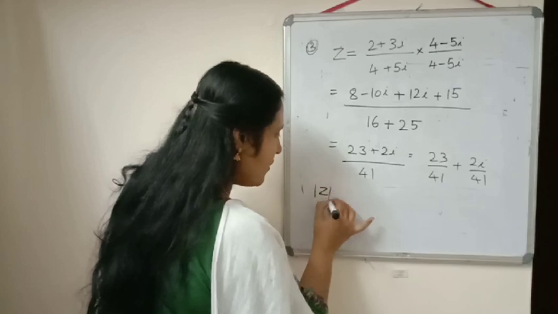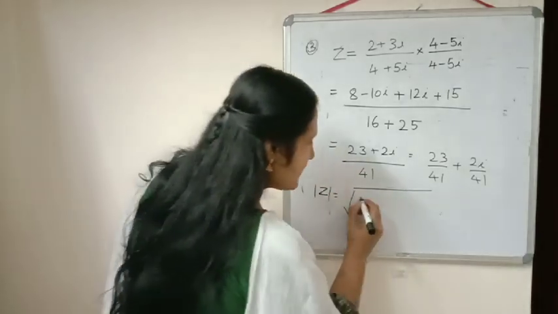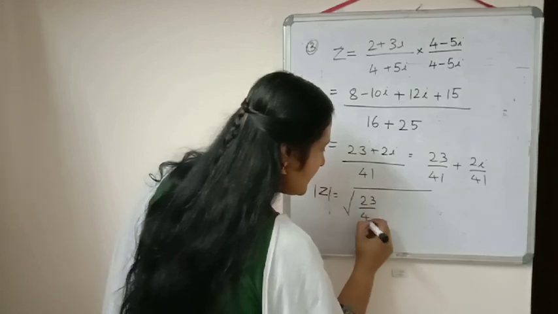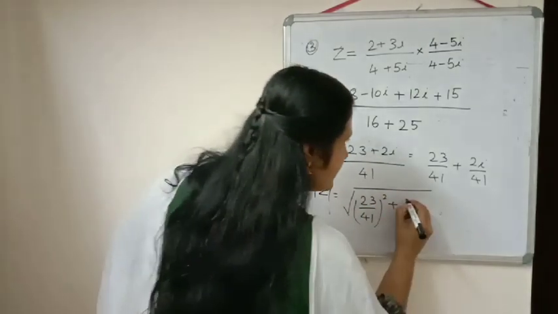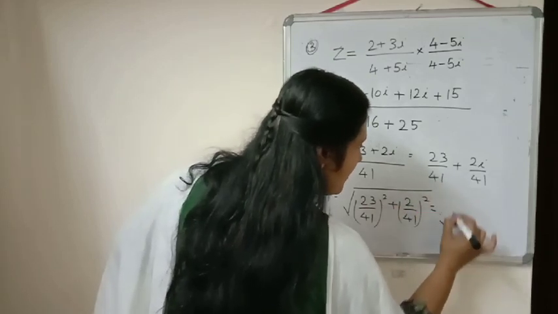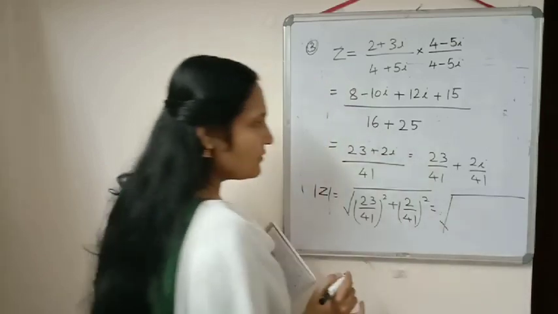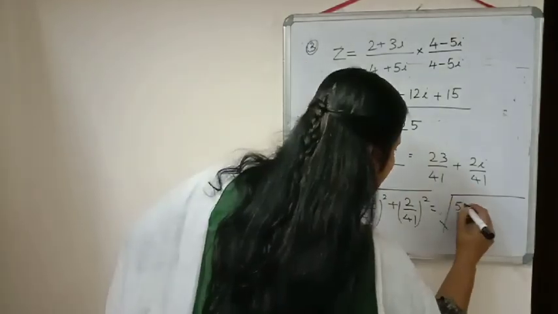Now write down mod z is equal to square root of real part the whole square, so 23 by 41 the whole square plus imaginary part the whole square, 2 by 41 the whole square. Square root of, what is 23 square? 529.